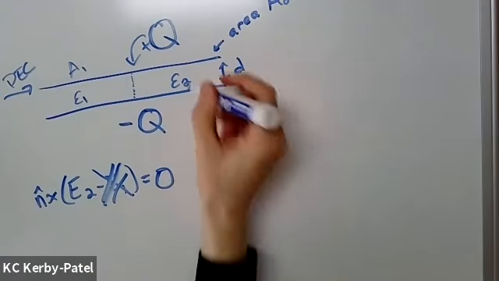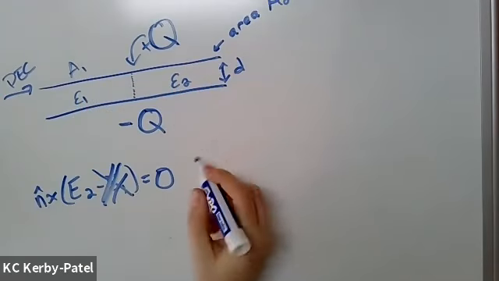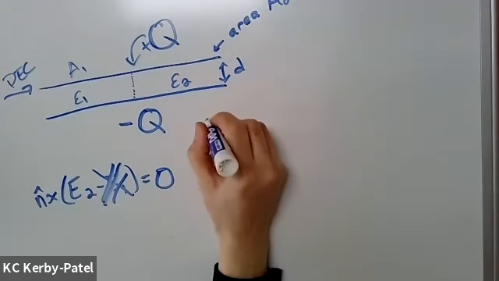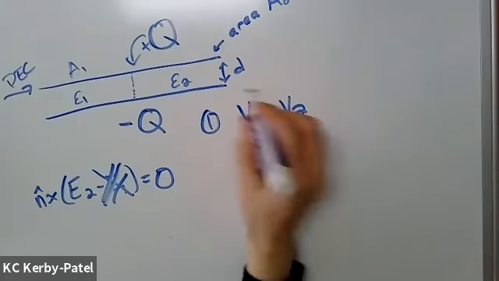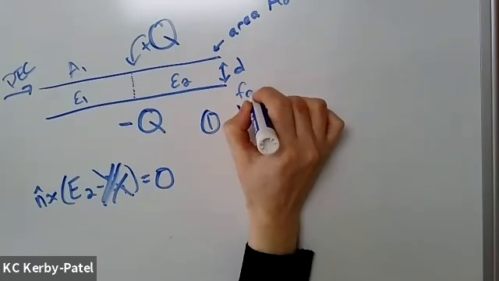So let's set it up this way. We know some facts. The facts that we know are V1 equals V2. I'm going to write down, my first step is going to be write down all the facts.